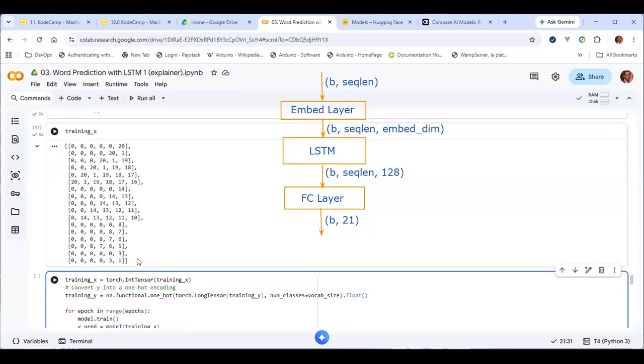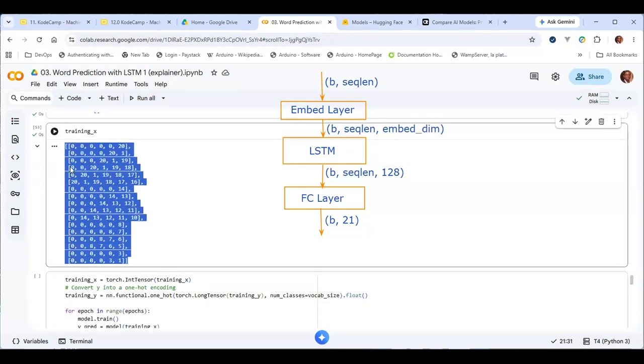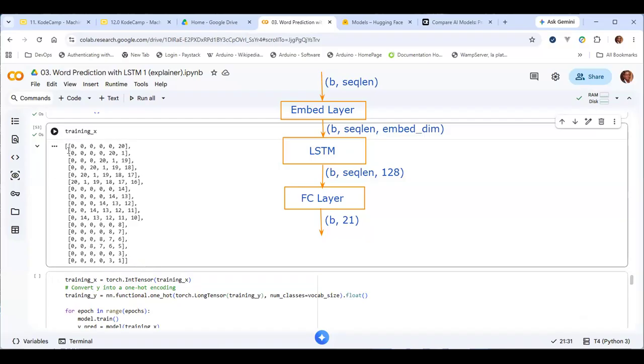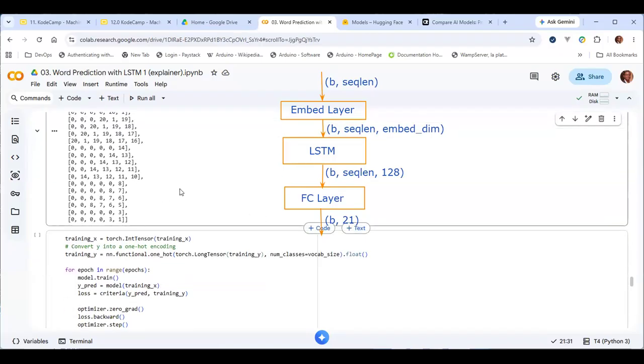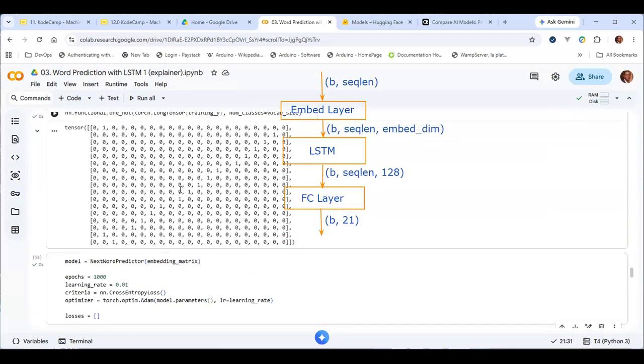But at the end of the day, what we get is still the same as any other neural network. We get a list of data that has fixed length, fixed dimension, fixed shape, a fixed number of samples versus fixed width. But here, these are indexes into the embedding matrix. So let me pass this through our embedding.